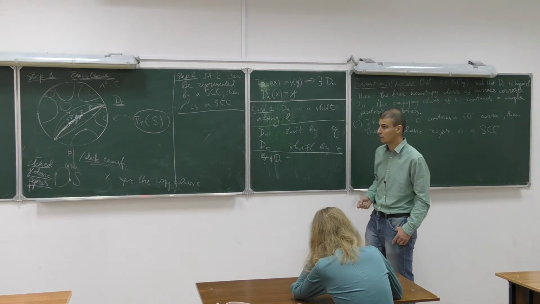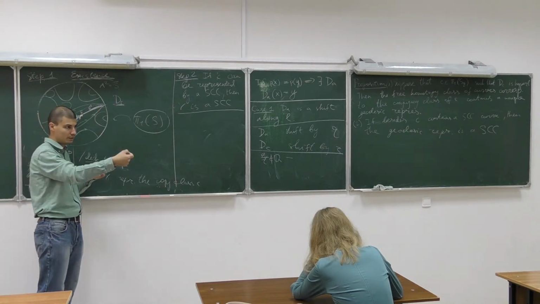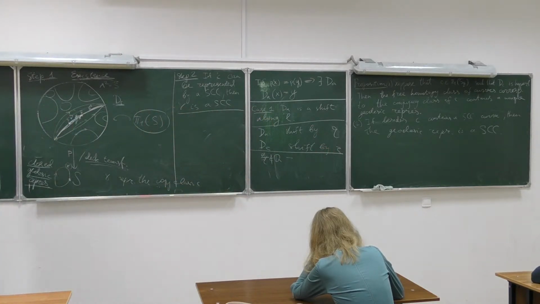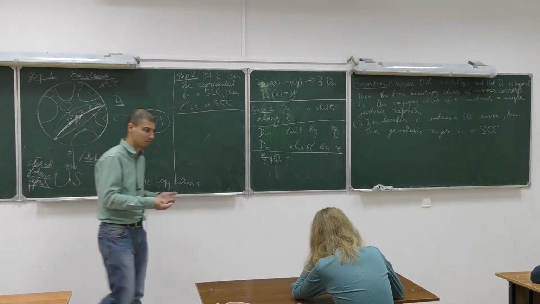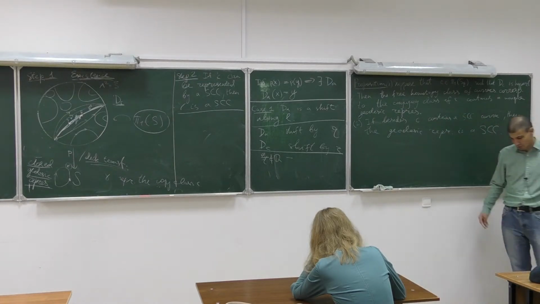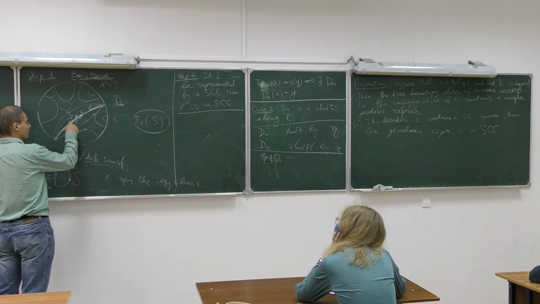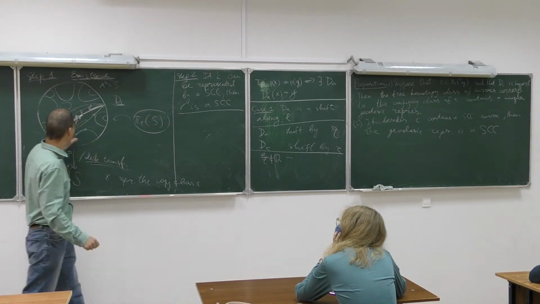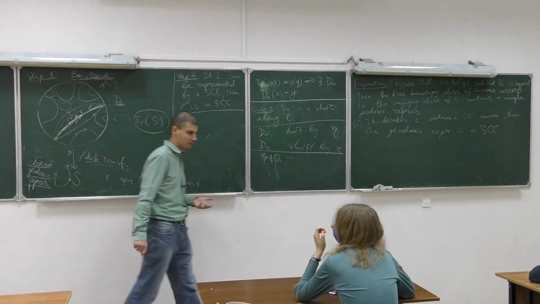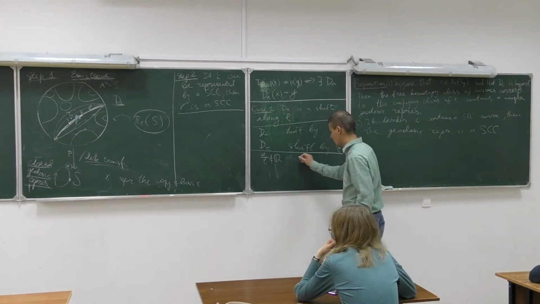Why? Since our group contains a shift along this line by distance q and by distance r, hence it contains a shift by any integral linear combination, since we may perform these shifts in different order, and hence the orbit of any point on this line is dense on this line. So we have no discreteness. This is not a covering. This is something nasty. So this is a contradiction.